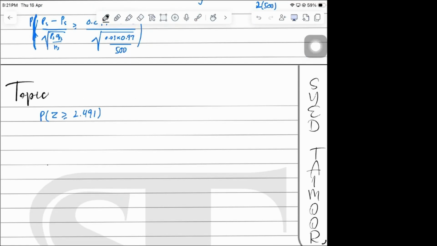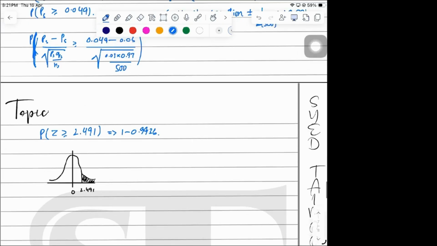It's 0.9936. What is exactly the value of 2.491? 0.9936. So 1 minus 0.9936.